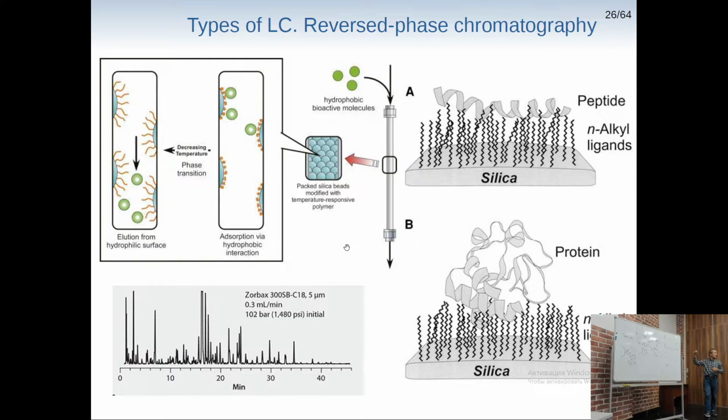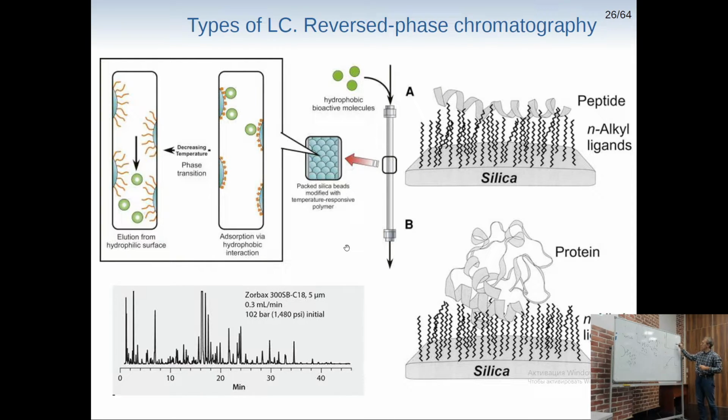But if you change the concentration of acetonitrile at the same time, this is a gradient, and those peaks will be shorter in time and higher, because the same amount of peptide will come out of the column in a shorter time.